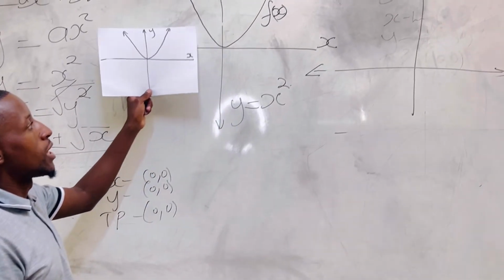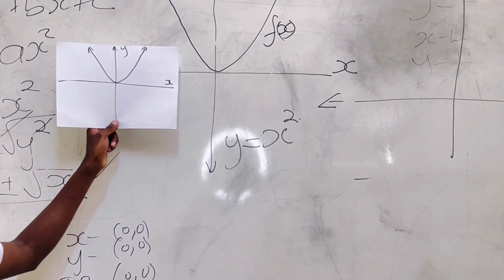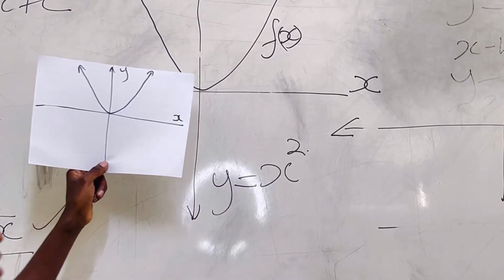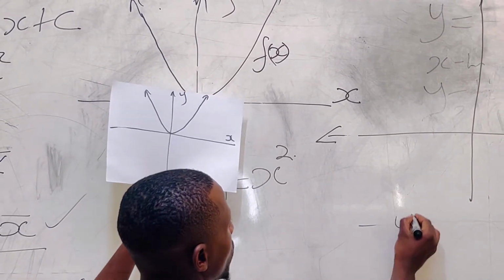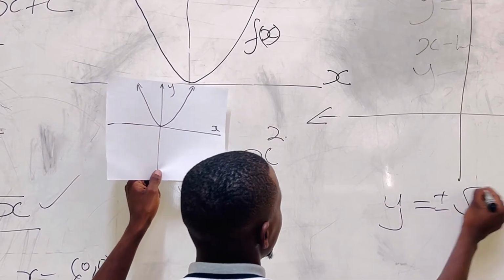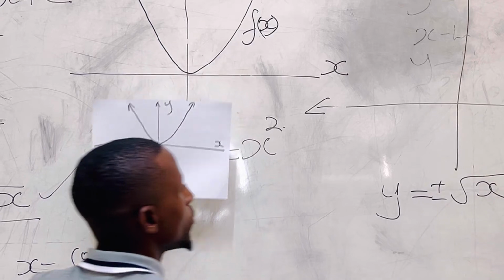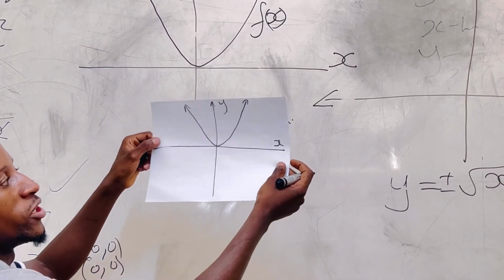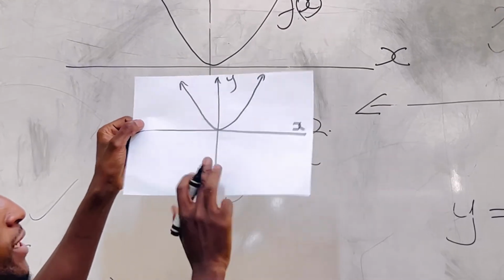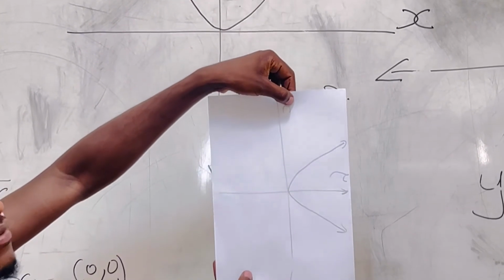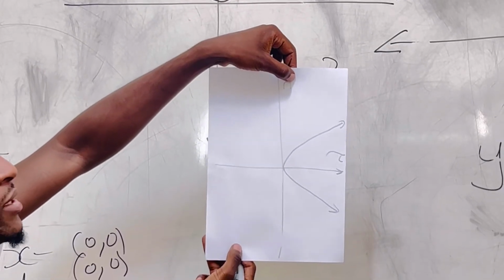So this was our original function. If you are looking for the shape of its inverse, remember we said the equation of the inverse is given by y equals plus or minus the square root of x. If you want the shape of the inverse, you turn your paper in this way, then tilt it to the right.